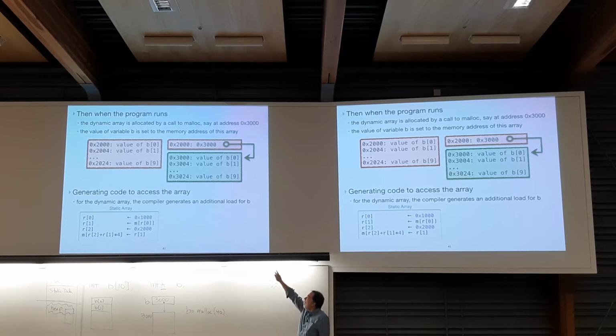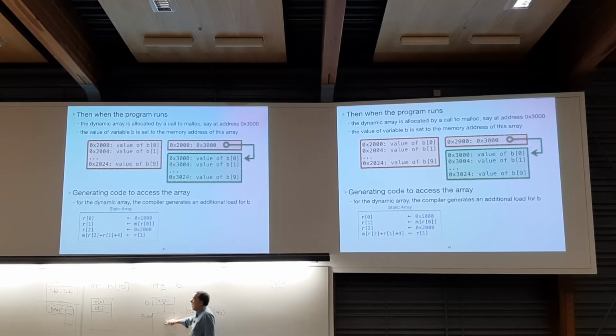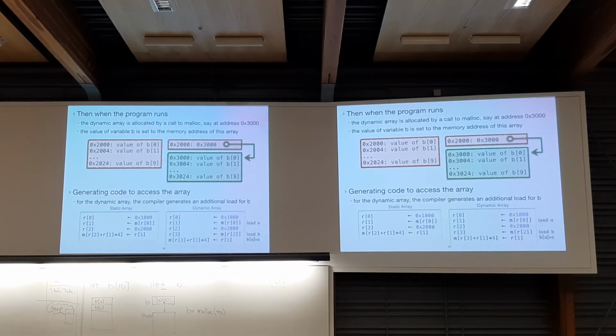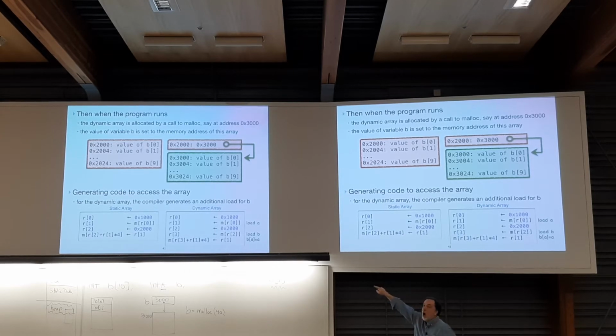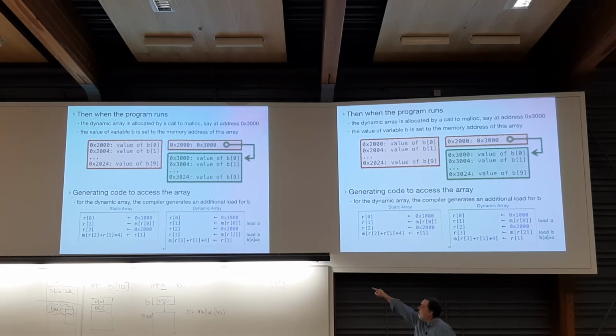Because the compiler doesn't know the address of this, it has to do something a little bit different when it generates code to access elements of a dynamic array. Everything is the same, except there's an extra memory read that's required right at the bottom to get the base address of the array. Looking at the third line, which is the same in both, we put the address of the variable B into R2.